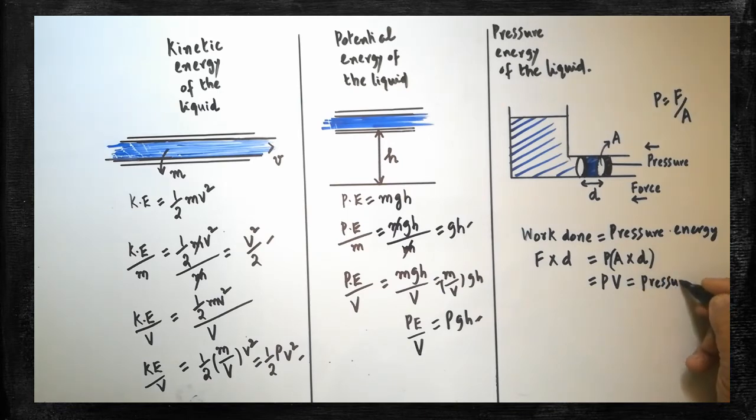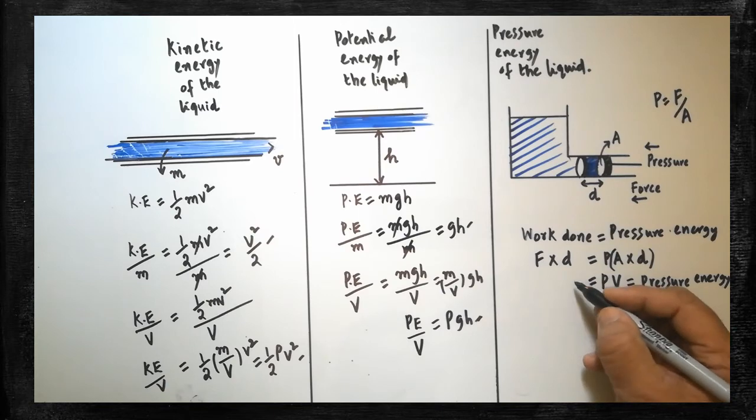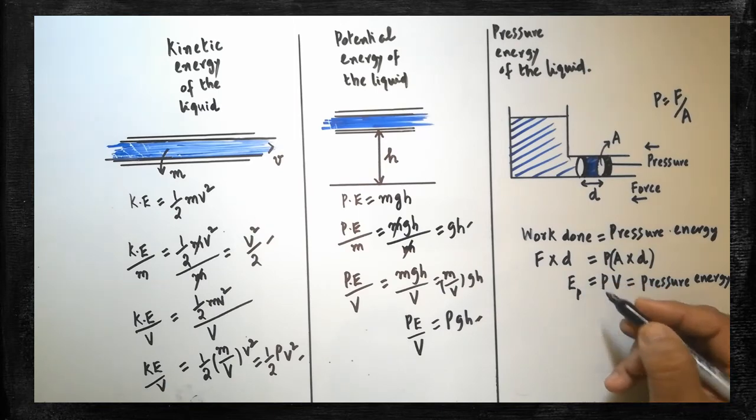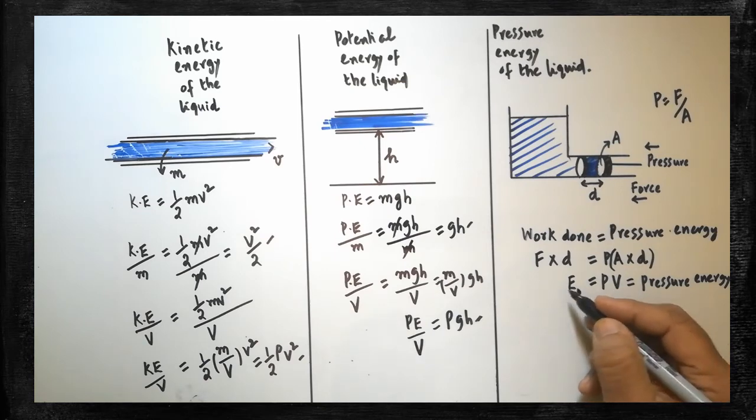So this much energy is stored up within the liquid due to the external pressure. This formula can be symbolized as EP, which is called pressure energy.